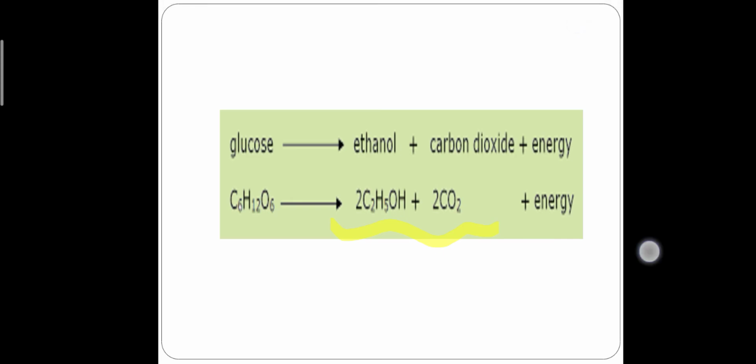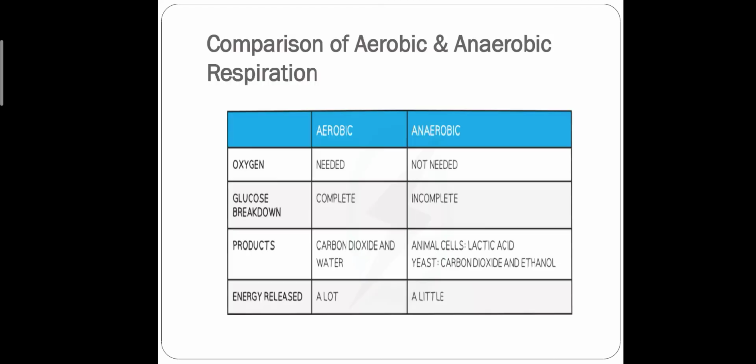Ethanol has the formula C2H5OH, and 2 molecules are added to balance the equation.